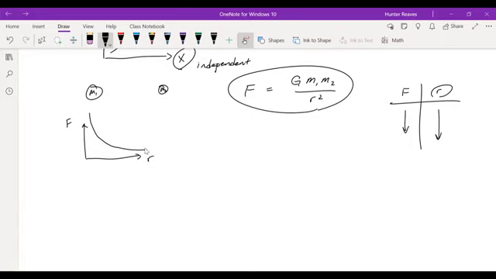So how can we model this as a straight line instead? Well, we don't want to change anything about the y-axis, because it is the dependent variable, and we have information on the force already. But we can't plot r on the x-axis because we, of course, get this curve instead of a line.